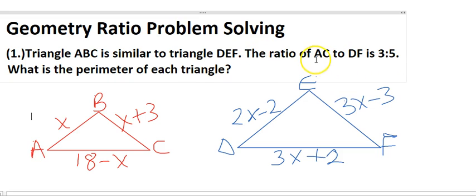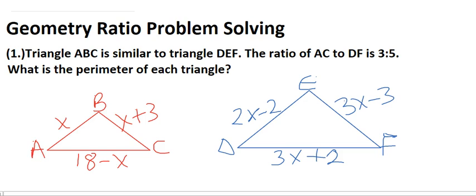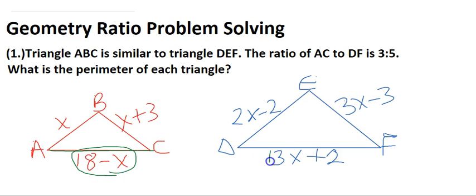And then they give us the ratio of AC to DF, if this AC, which is this line, is going to be corresponding to DF, which is that line, okay?